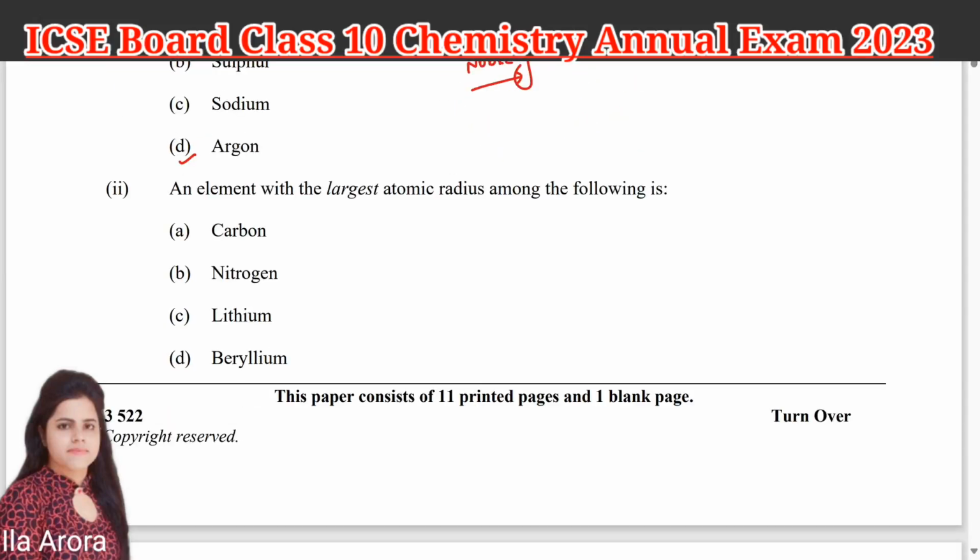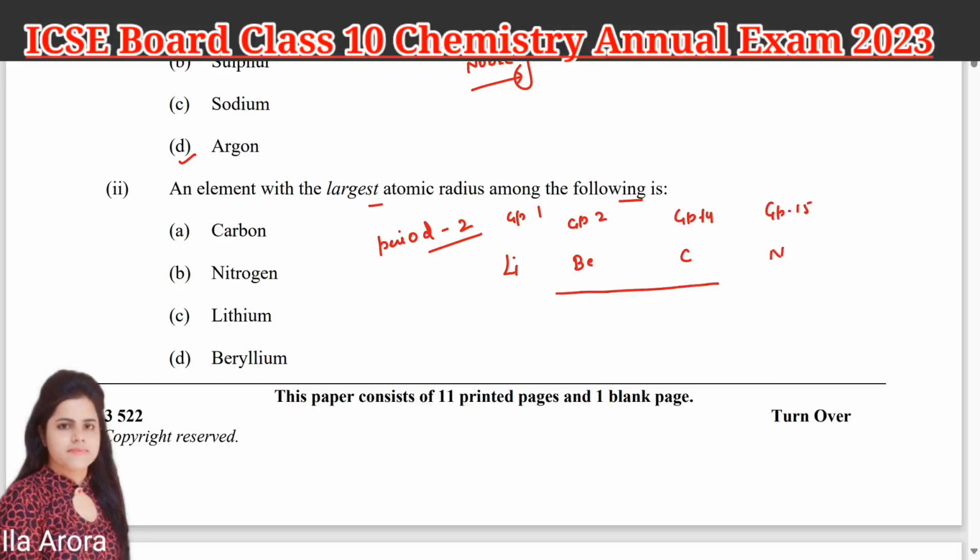Next question is: an element with the largest atomic radius among the following is. If you see the options, they all are in period 2, and if you locate these elements, this is lithium, group number 1, then beryllium, group number 2, then carbon, group number 14, sorry, and then group number 15, nitrogen.